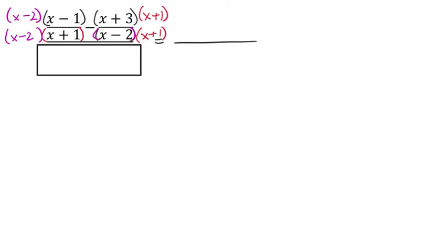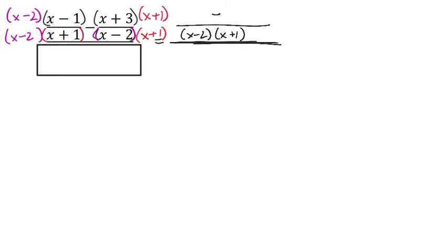Since we have a common denominator, I'm going to make this line bigger because I think I'm going to need it. I'm going to take that common denominator and just write it in. So that's x minus 2 times x plus 1. Because the denominators match, I can then subtract the numerators.